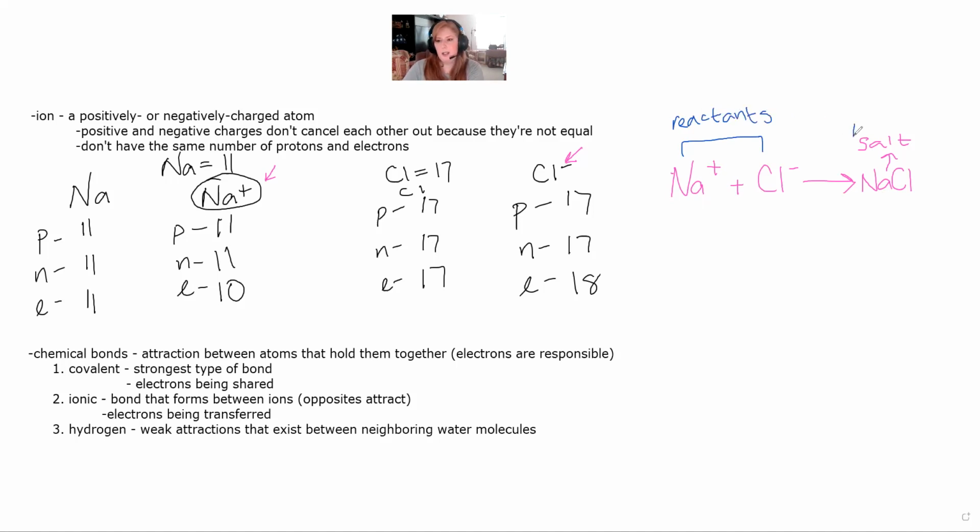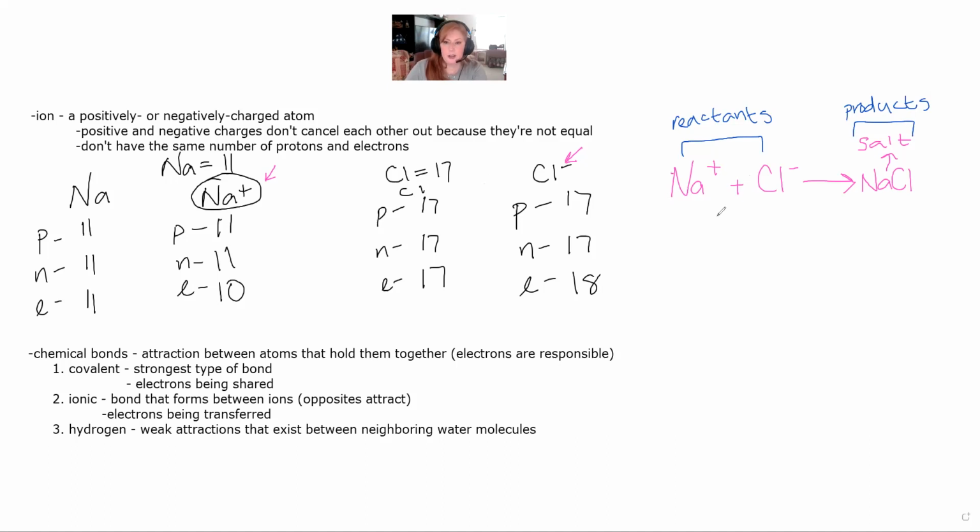And then the thing that comes out of the equation is the product, or products. Because a lot of times in chemical equations and in chemical reactions, you have multiple reactants and multiple products. Sometimes you have a single reactant and multiple products, but you need to know what these terms are, okay?